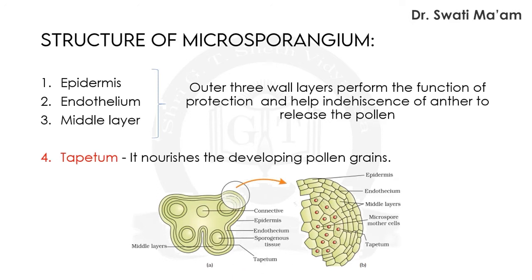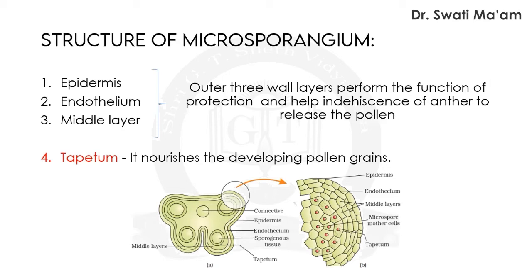If we see the more detailed structure in the B diagram, here you are able to see the importance of all these layers. The first three outer layers perform the function of protection and help in dehiscence of the anther to release the pollen. When the pollen gets matured, they help in the dehiscence of pollen.